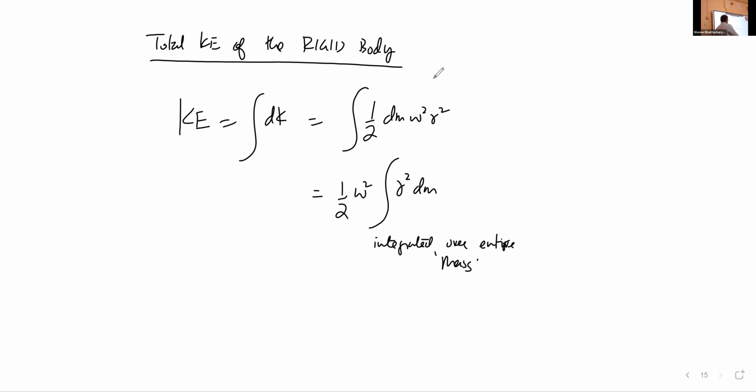This quantity is given a special name, moment of inertia, and we'll discuss it in a lot of detail.